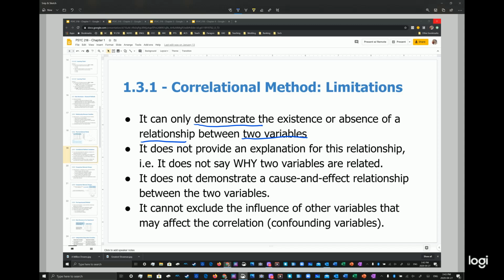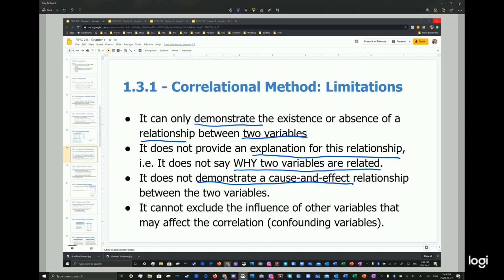Or again, if you happen to find a person who has spent more time waking up, that same person would appear to have a lower academic performance in terms of GPA. However, note that this does not explain why this relationship is happening, nor does it explain why these variables are related. We can only describe what we see. We can't say why, because we haven't demonstrated something called cause and effect.